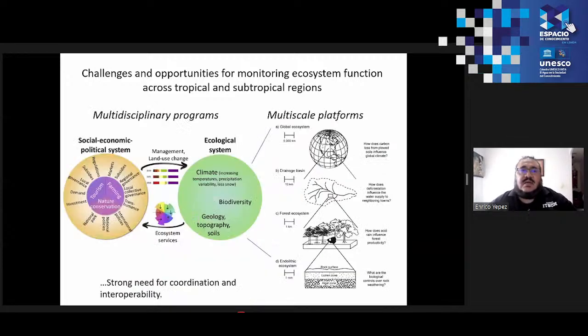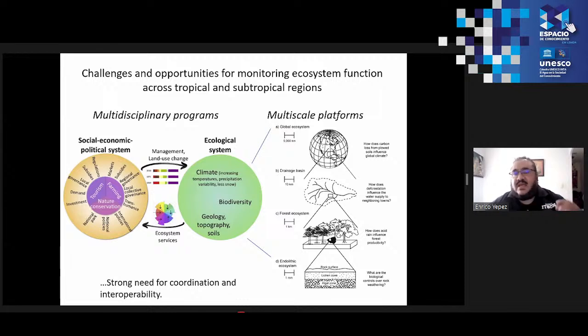Besides that, we need to engage in broad discussions with different areas of knowledge, different stakeholders, and different participants on what is involved in ecosystems, because we know that the perturbations we see in the ecosystem have to do with the human pressure we put on them, because we need to use their ecosystem services or their natural resources. And because ecosystems are complex entities, we need to understand them at different scales.